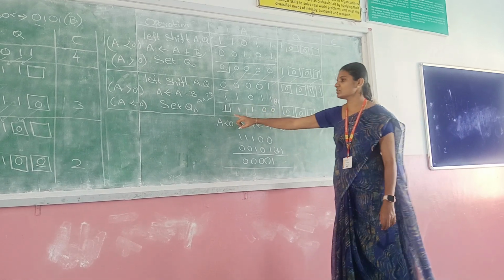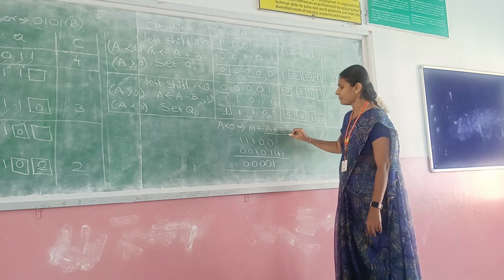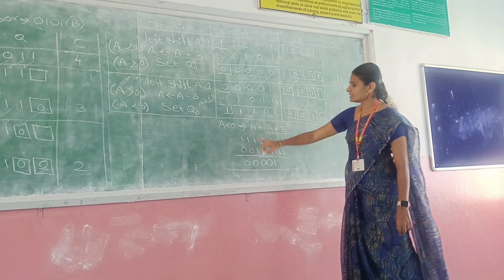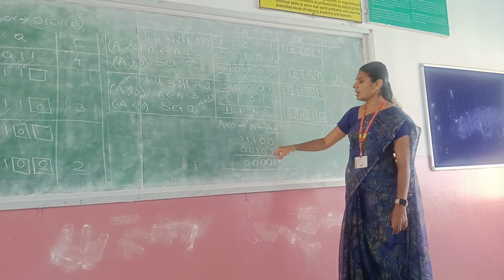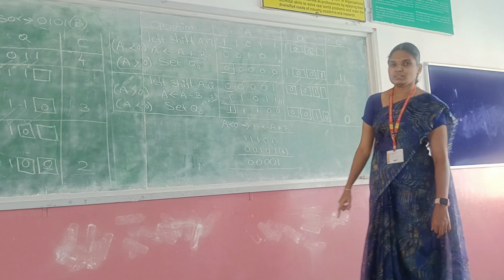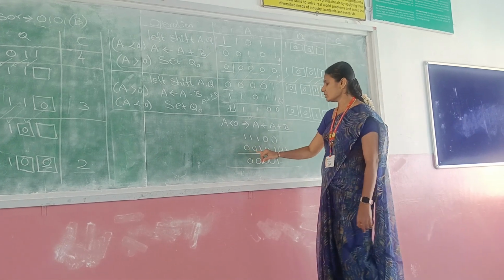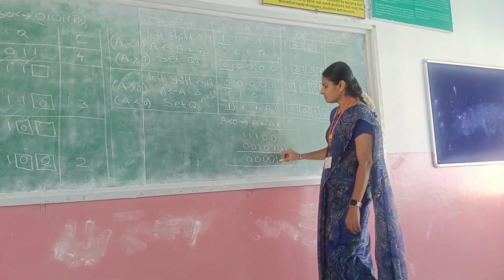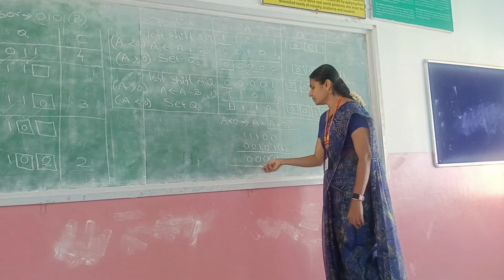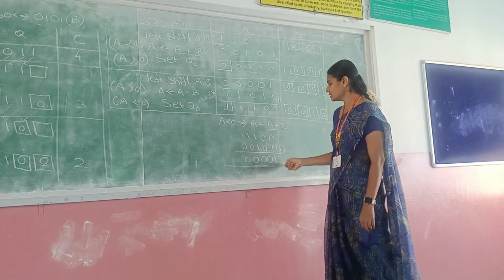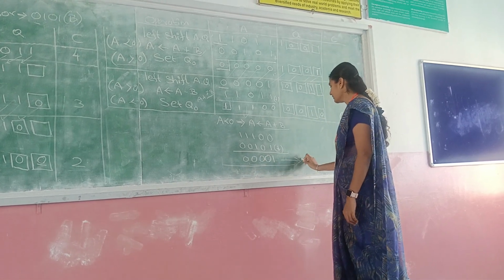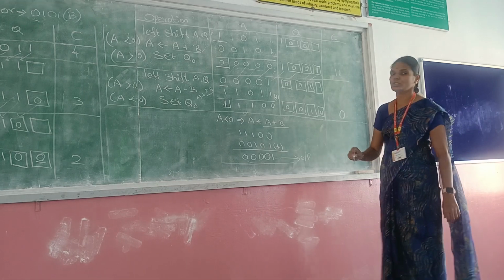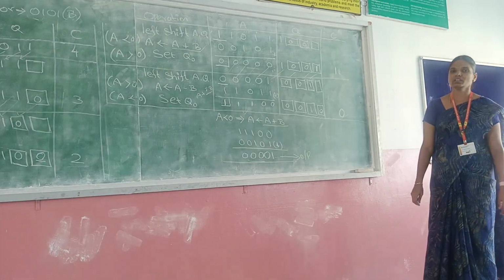If it is a negative number, then you have to perform A plus B. The A value is 1, 1, 1, 0, 0, and the B value, that is your divisor value, is 0, 0, 1, 0, 1. We add these and we get the last answer, which is the output of your division operation. This is all about the non-restoring division algorithm.